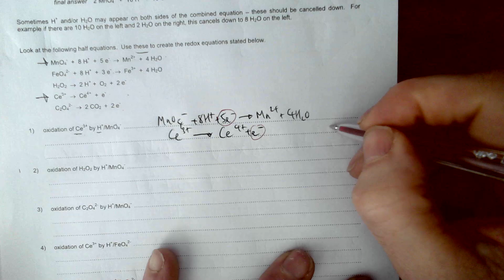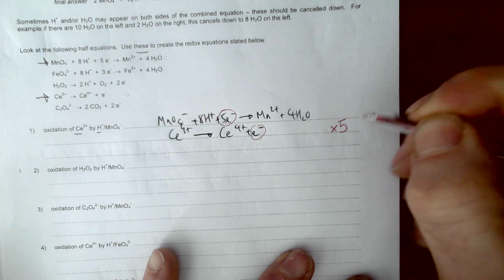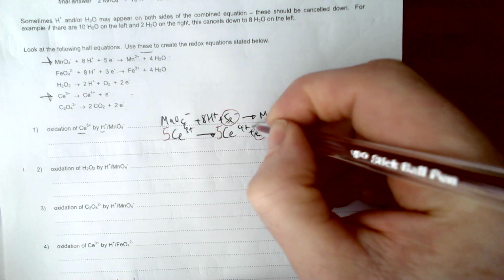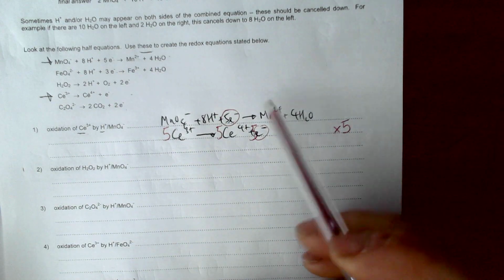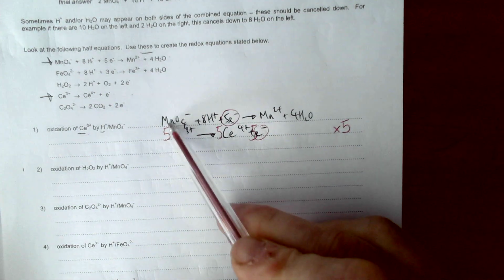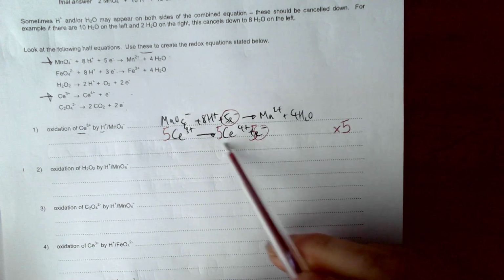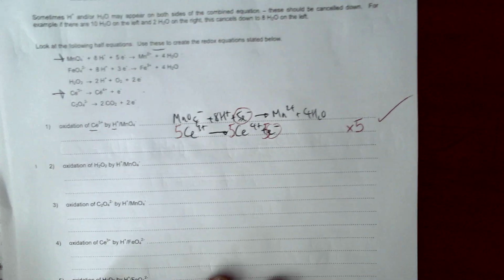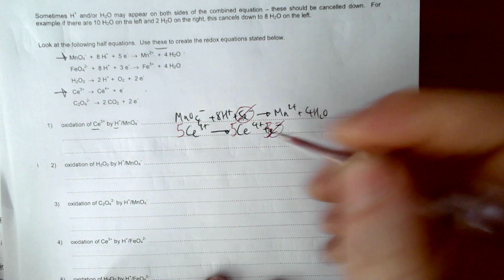So that would require me to multiply the bottom one by 5. Don't need to do anything to the top. So look, 5 of these, and 5 electrons. I've now got 5 electrons being gained, and 5 electrons being lost. So this is good. I've balanced the electrons. Now I need to combine the half equations.